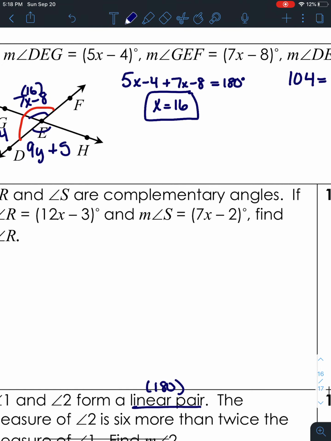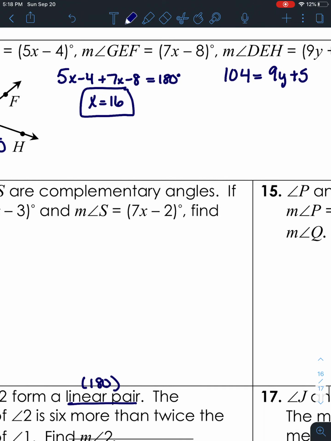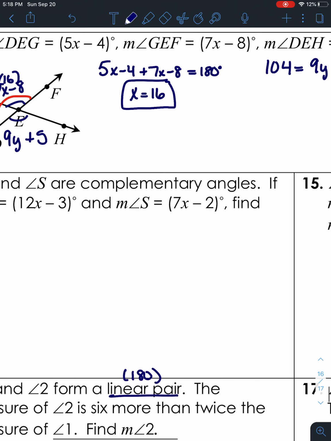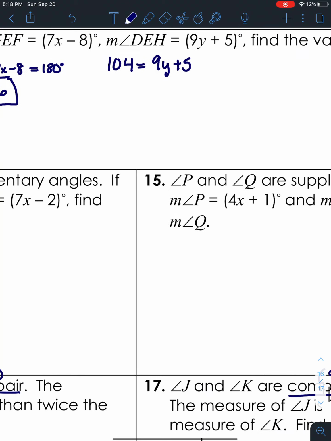So I plugged in 16 into this equation for x, so 7 times 16 minus 8. That gave me 104. That means this angle is 104. This angle and this angle are vertical, which means they're congruent, which means 9y plus 5 is equal to 104. Solve here. When you solve, you should get y equals 11.